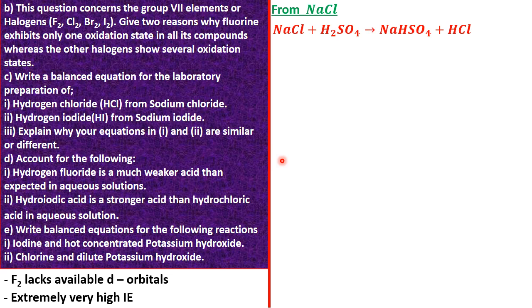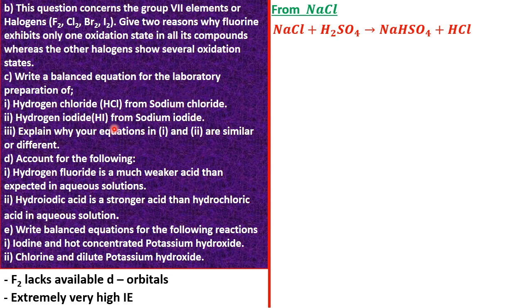Doing that, we have sodium chloride plus sulfuric acid giving us sodium hydrogen sulfate plus HCl. So in this case, our HCl has been produced, which can be collected as a gas. Okay. Then the next is sodium iodide.